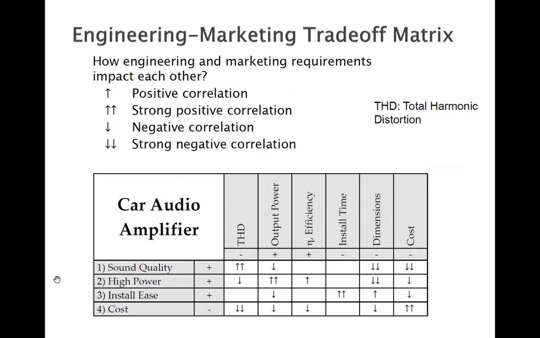So there are some advanced requirement analysis methods. Here we have one shown in this slide. That's a trade-off matrix among engineering and marketing requirements. And here we consider our audio amplifier, which is well known and popular in the market.